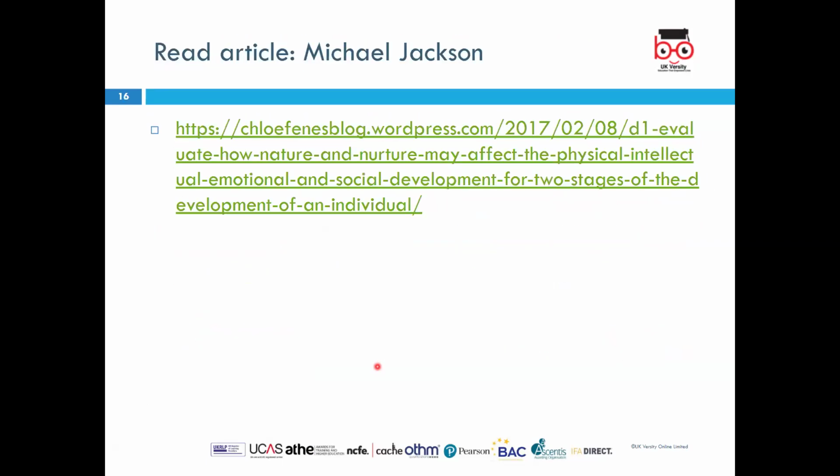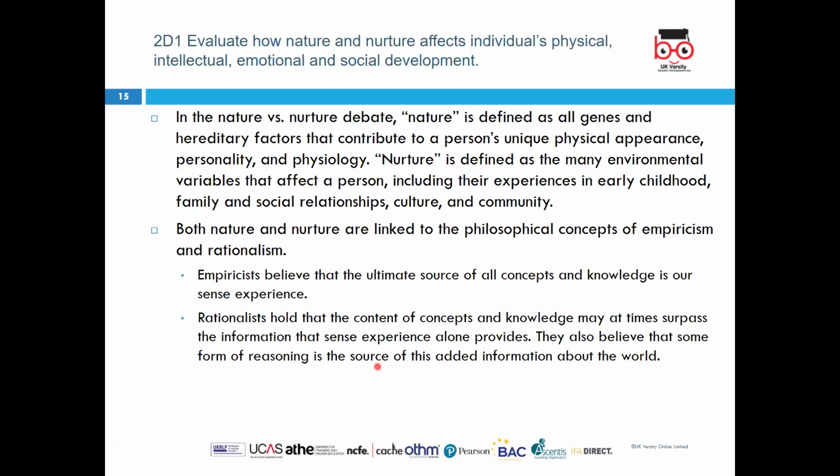Now we are coming to the last slide of our presentation. So now here we are trying to evaluate how nature and nurture impact the individual's physical, intellectual, emotional, and social development. So in nature, on a person's unique physical appearance, their personality, and their physiology.